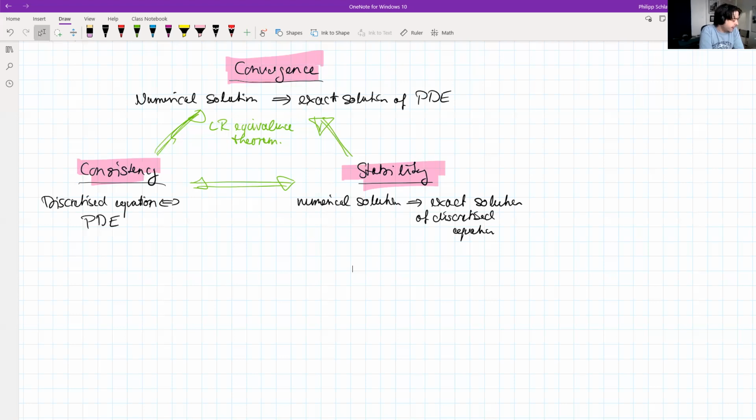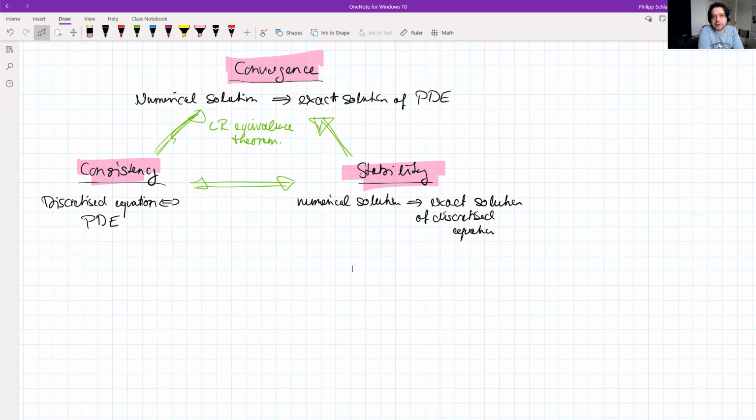So therefore, it's very important for us to understand that we need to take a detour, and this is made possible by the Lax-Richtmyer equivalence theorem, which technically only works for linear systems without the boundary conditions, yet it has been used for different discretization schemes, even including boundary conditions. It's not fully rigorous in that case, and there may be situations where it fails.